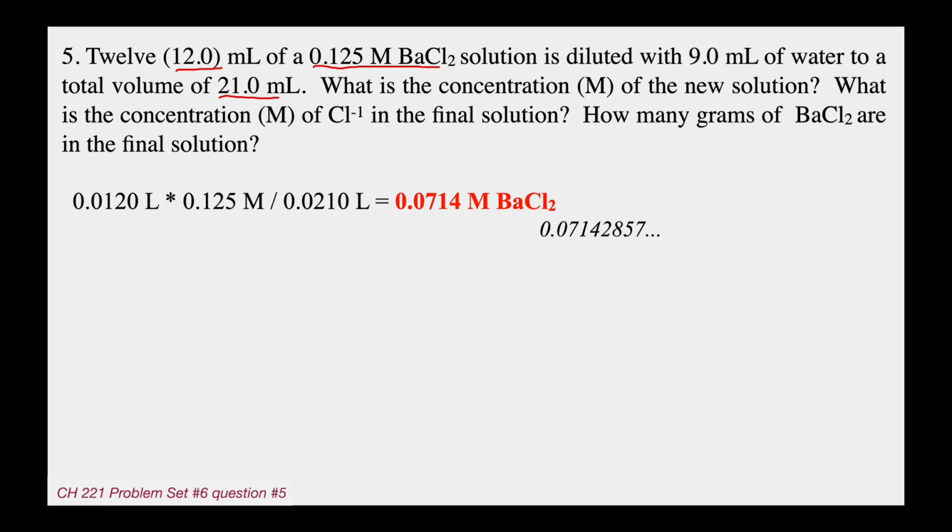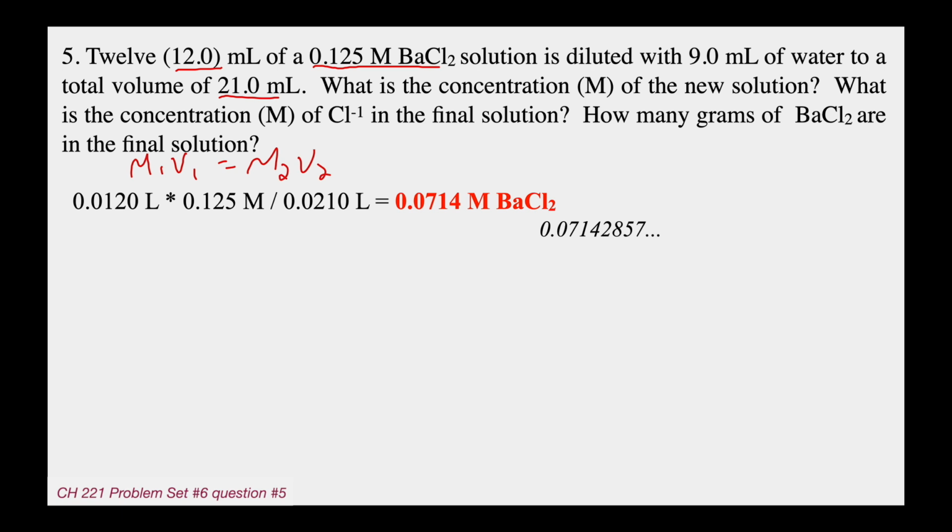I use liters, but you don't have to; you can use just milliliters. Same answer. Anyway, if you got 0.0714 molar barium chloride, you are good to go. So again, I would use M1V1 equals M2V2, or C1V1 equals C2V2, or MiVi equals MfVf. They're all the same thing.